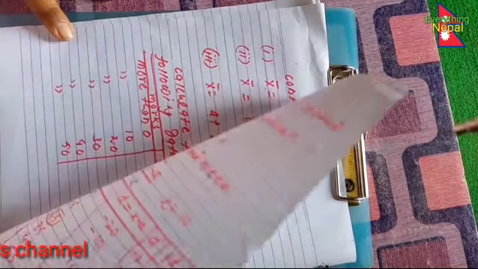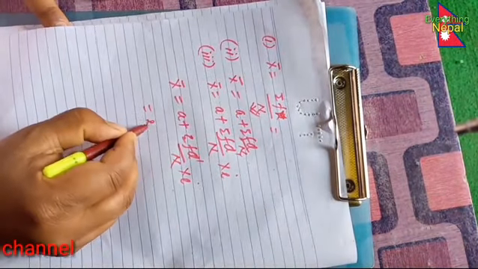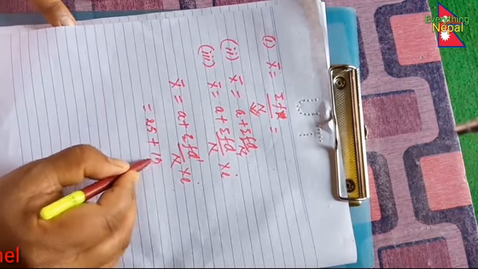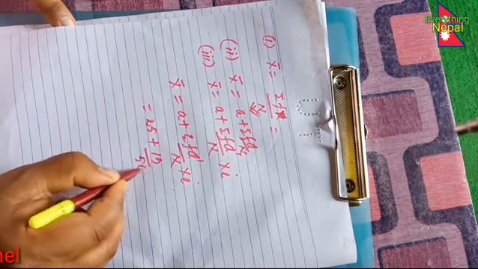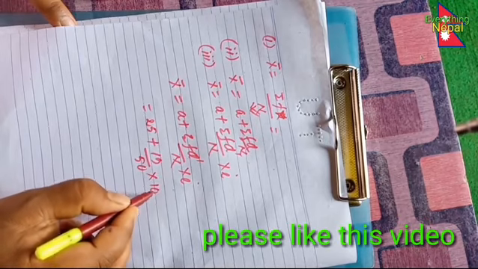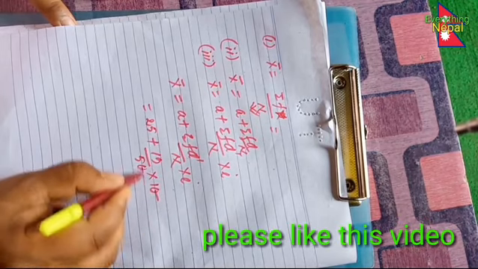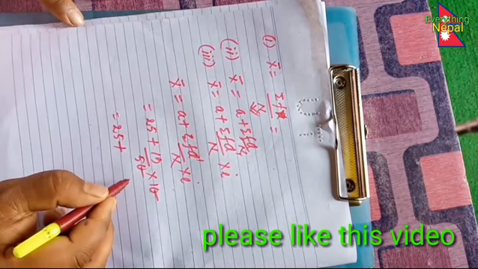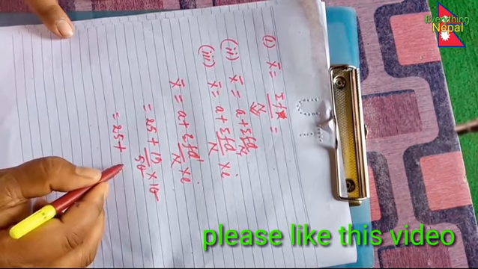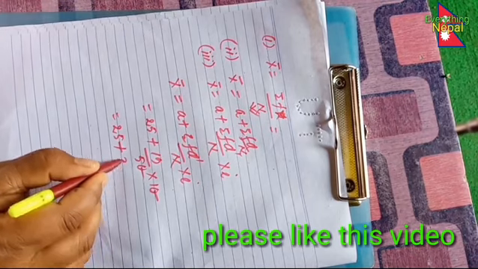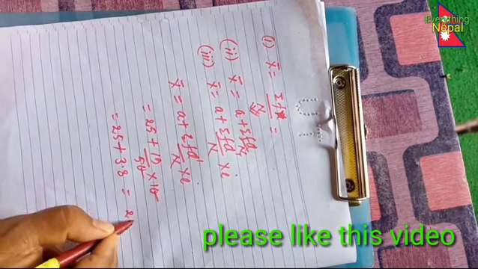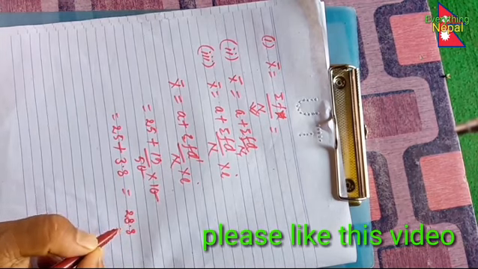The assumed mean is taken as 25, so it becomes 25 plus summation fd prime, which we have obtained as 19, divided by 50 into 10. So the zero cancels, and when we divide 19 by 5, we get 3.8, and altogether it becomes 28.8.